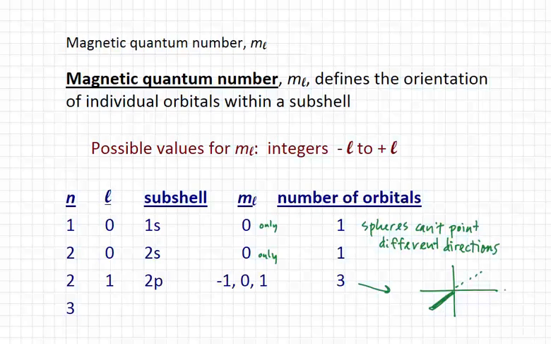I'll make z the front-back one. It doesn't matter. But those are the 3 directions of a coordinate axis system. I'm going to show you some better pictures of these in a second. But any p subshell will have 3 different p orbitals that differ by their direction. One will be on the x-axis, one on the y-axis, one on the z-axis.